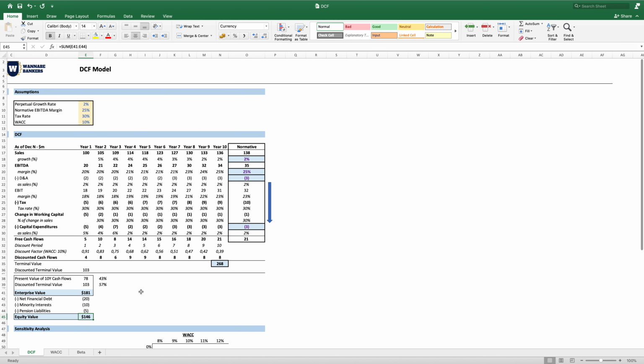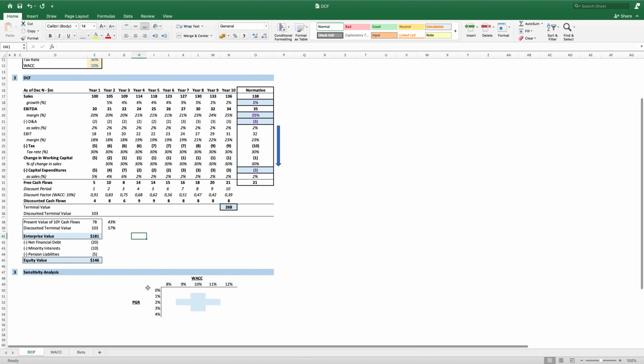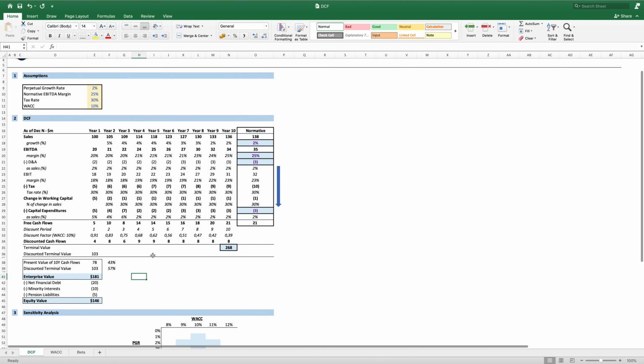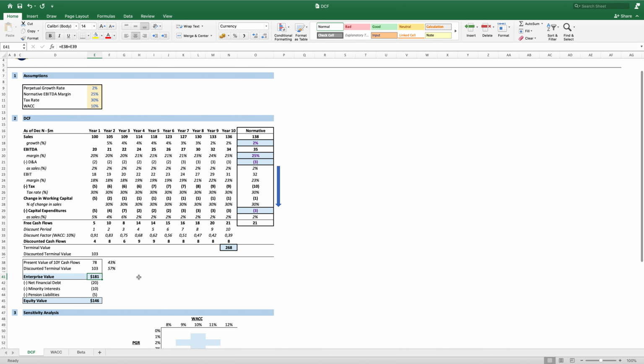And one last thing that we usually do is run a sensitivity analysis. As you will see, the valuation is usually highly sensitive to the discount rate and to the PGR. For instance, I have an EV of 181.